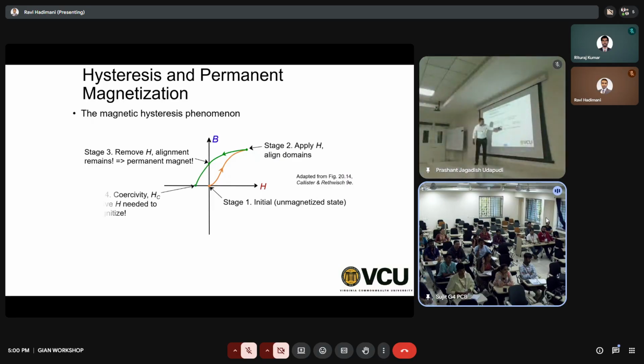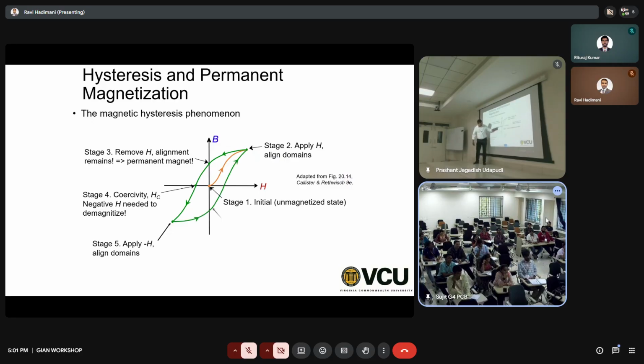And now if you take the magnetic field in the opposite direction, you can make it zero. So here the B is zero, but you are at a negative magnetic field. Now if you go further to the negative field, the magnetization increases in the negative direction.